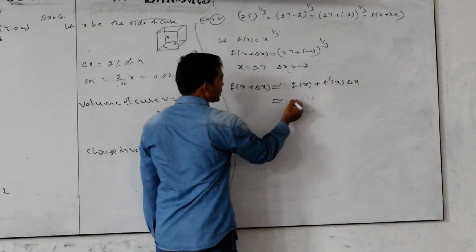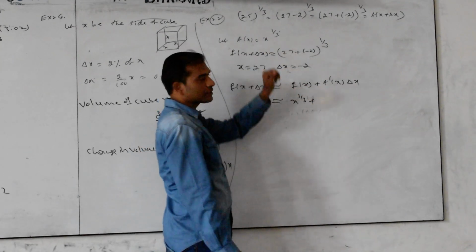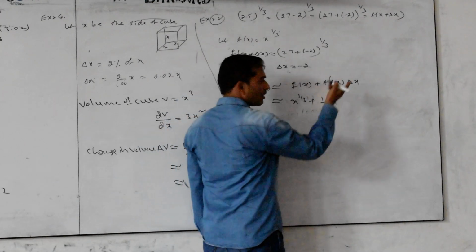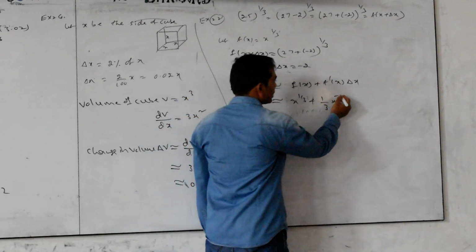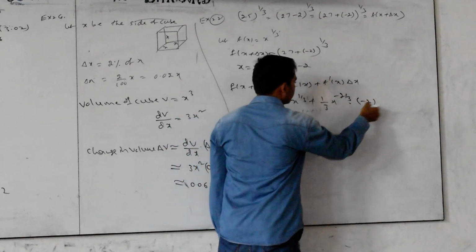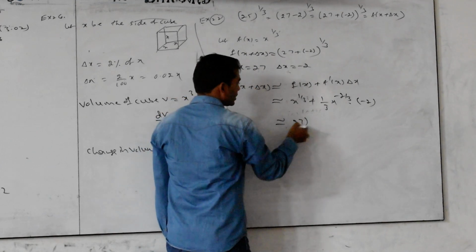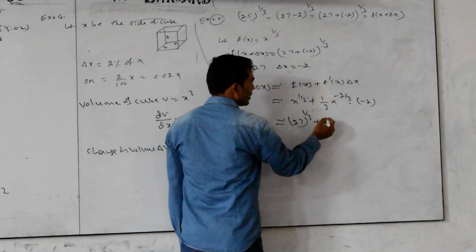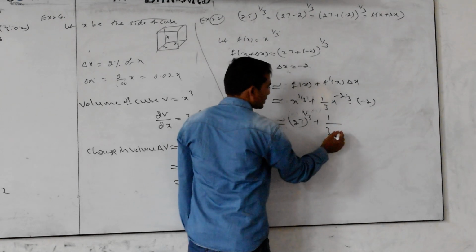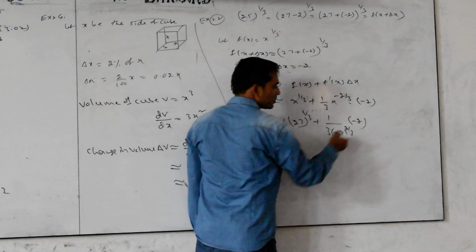F of x is x power 1 by 3, plus f dash x, by differentiation, is 1 by 3 x power 1 by 3 minus 1. So 1 by 3 x power 2 by 3, where x is 27, 27 whole power 2 by 3, into minus 2.